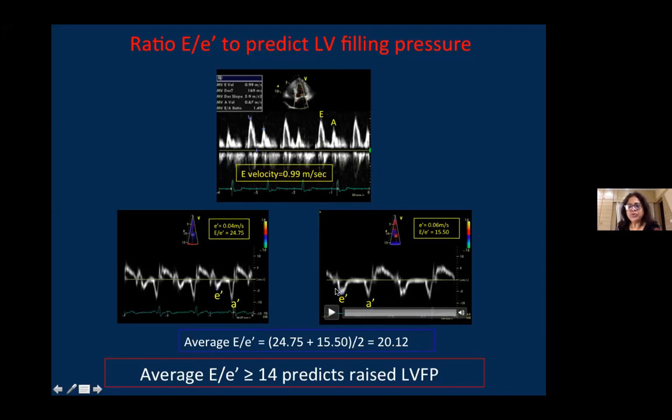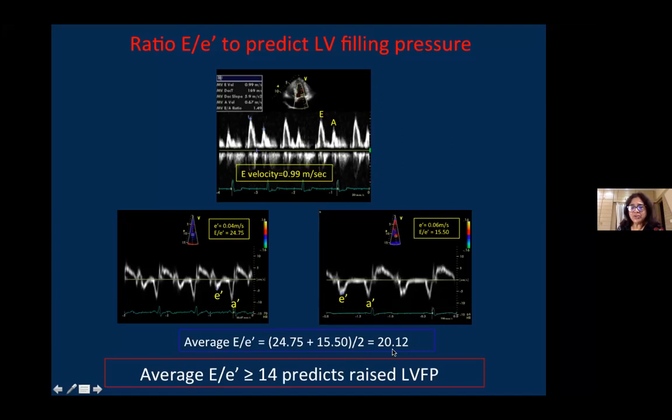Again, we do the tissue Doppler imaging and take the E prime velocity, and then that calculates the E by E prime, and it is 15.50. Now what we do in the next step? We take the average of E by E prime of septal annulus and E by E prime of lateral annulus.